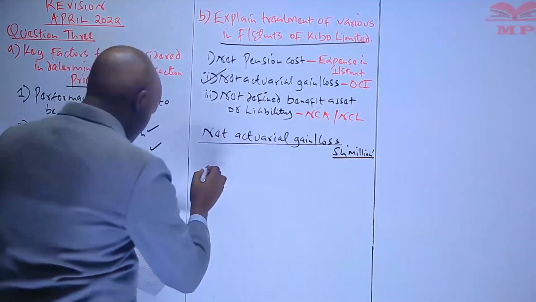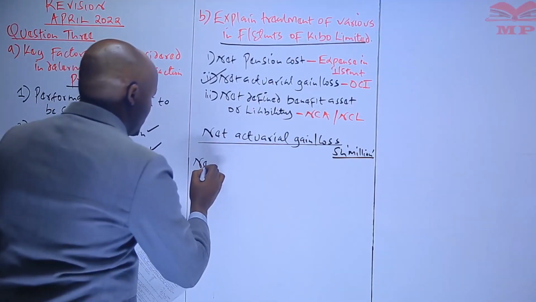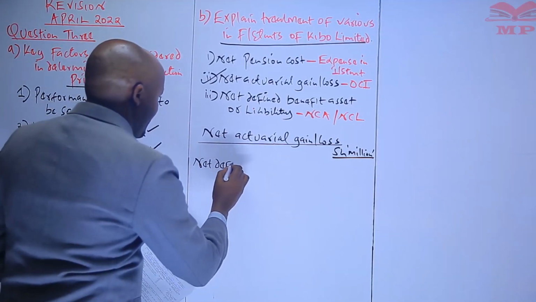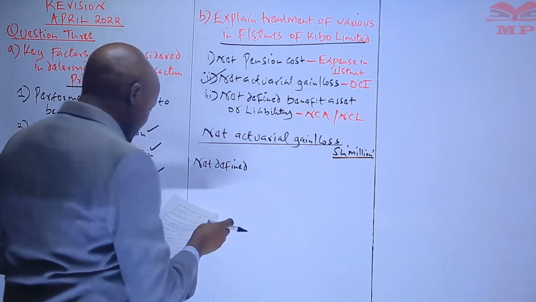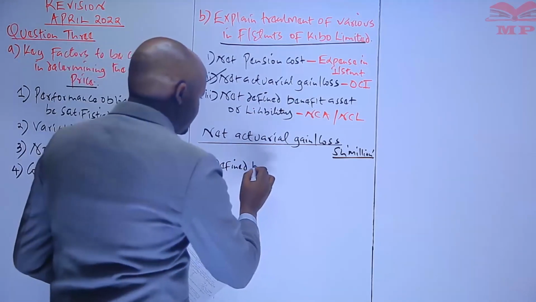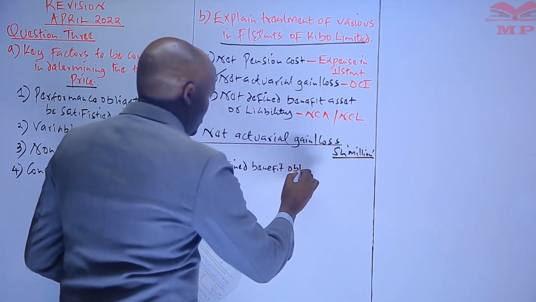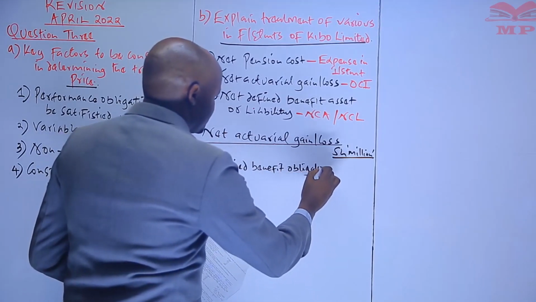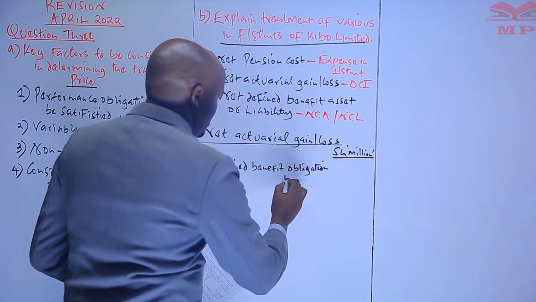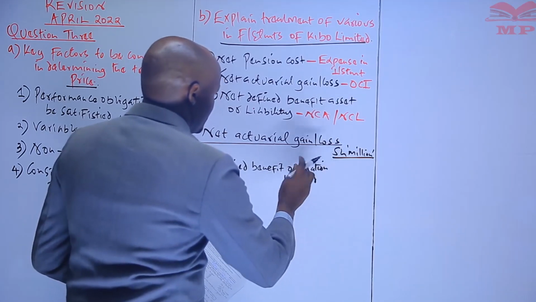What we start with here is the net defined benefit obligation balance brought down.